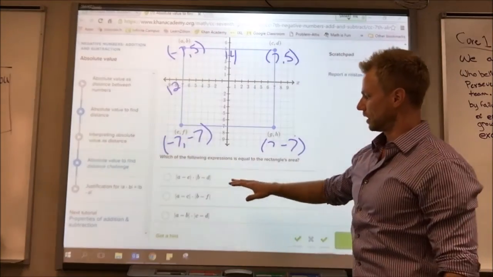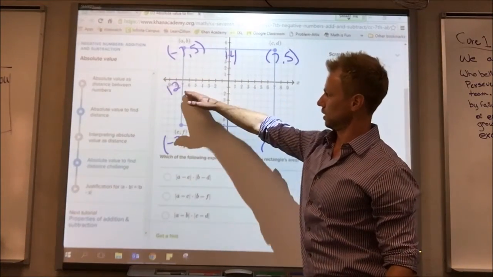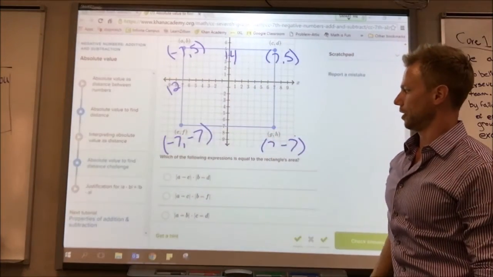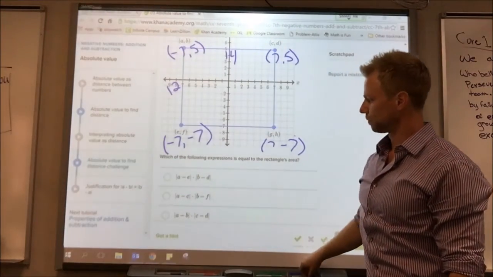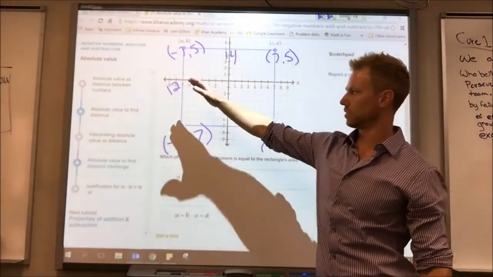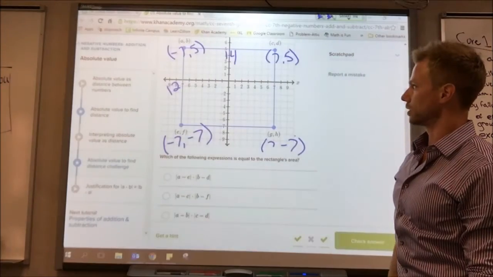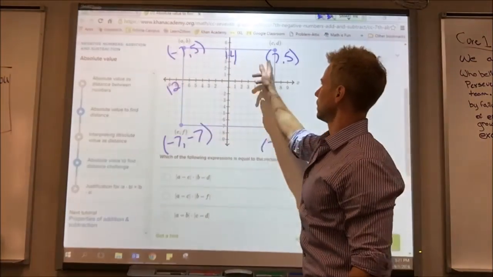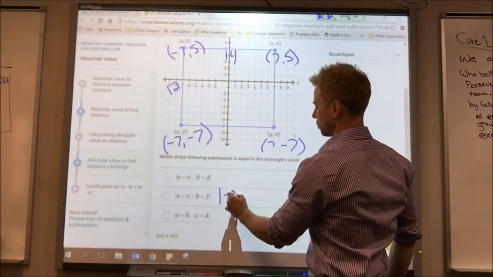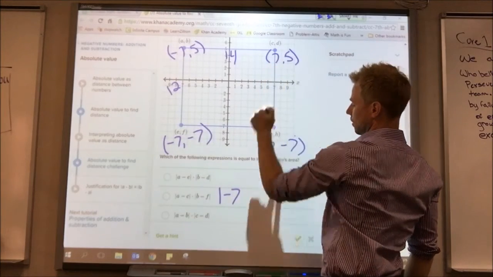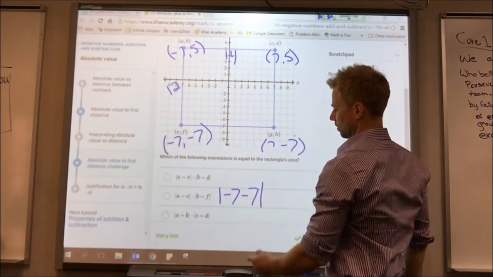So we need to get side lengths of 14 and 12 in order to find the area. So let's go on to the next one. A minus C, let's see if that gives us our 12 or our 14. So A minus C would be absolute value of negative 7 minus 7.